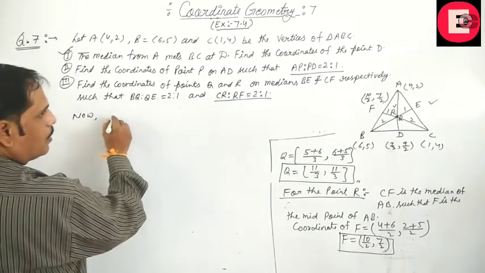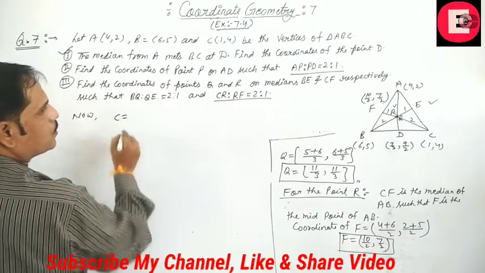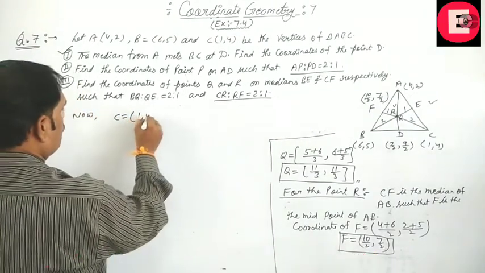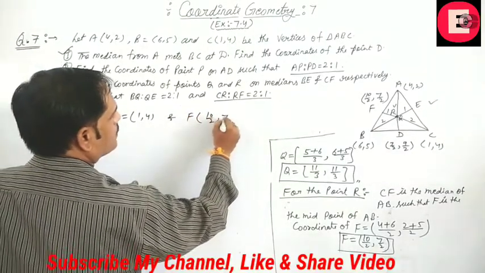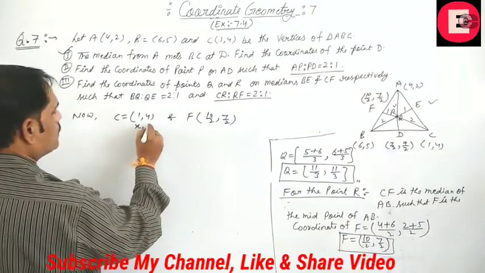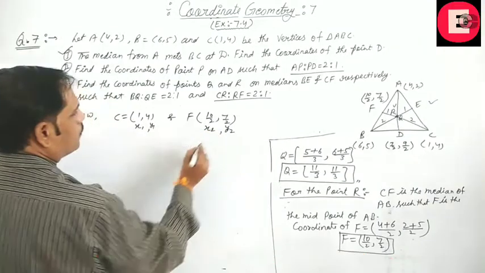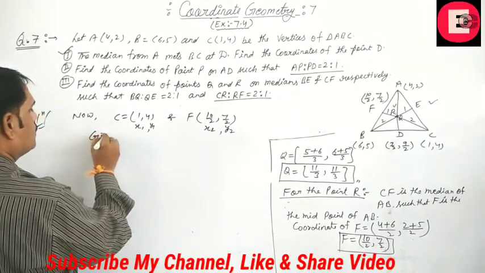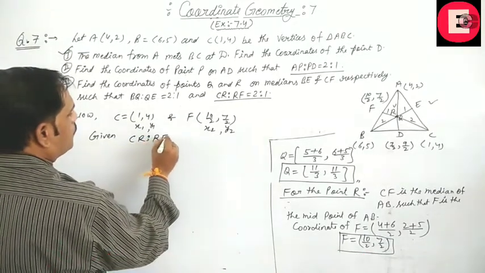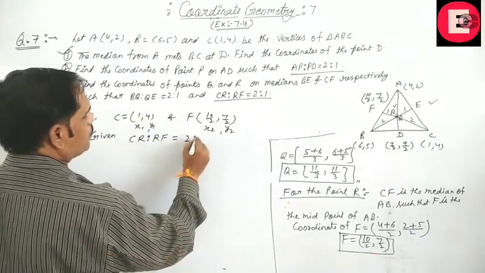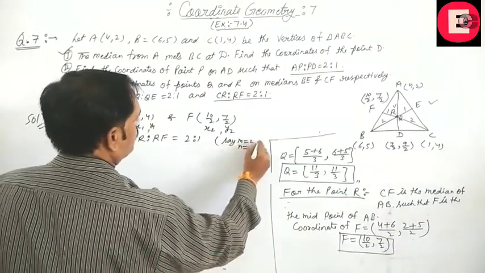Now C is equal to (1, 4) and F is equal to (10 upon 2, 7 upon 2). So this is x1 and y1 and these are x2 and y2. Given CR to RF is 2 to 1, say m is equal to 2, n is equal to 1.